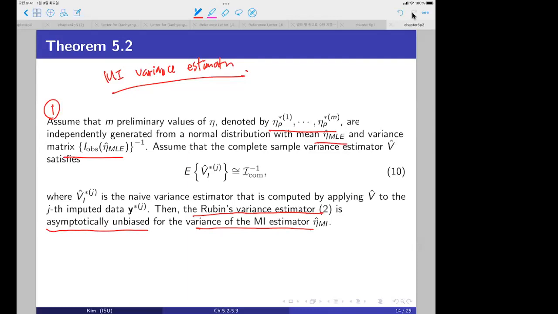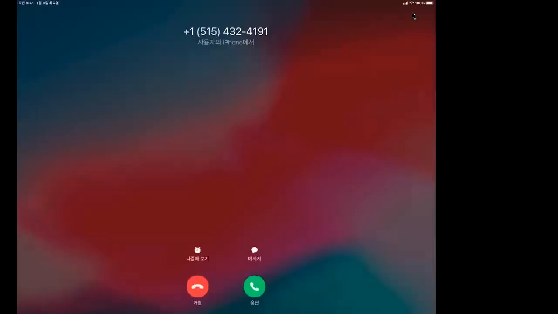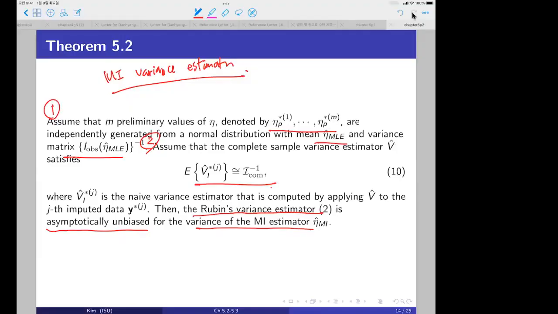The second is that the complete sample variance estimator satisfies the I comp inverse. That is the information variance with no missing data; if you have no missing data, this is your variance estimator.